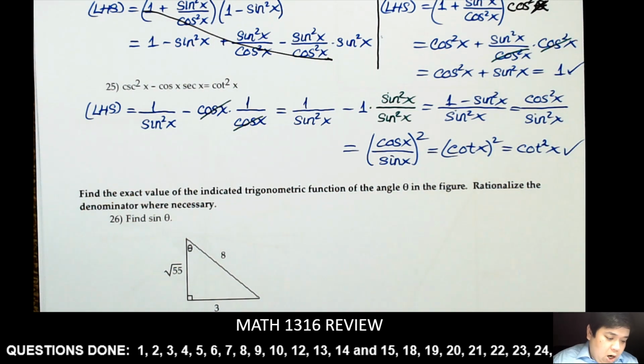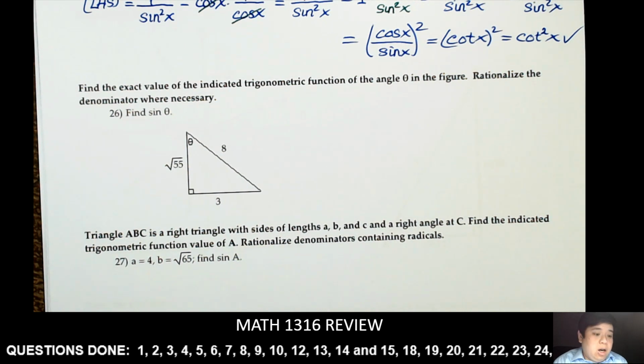Right. 26 and 27. This time we use the trick based on the opposite, hypotenuse, and adjacent, not x, y, and r.